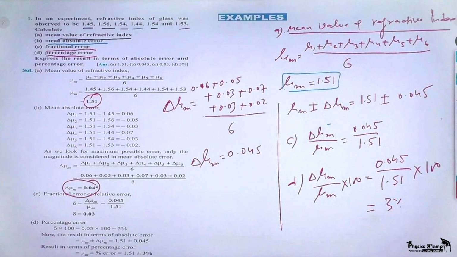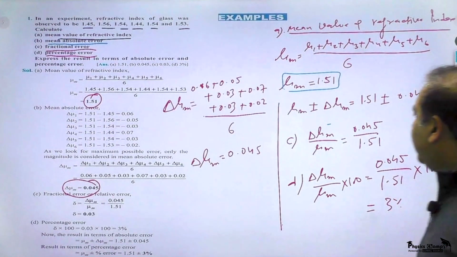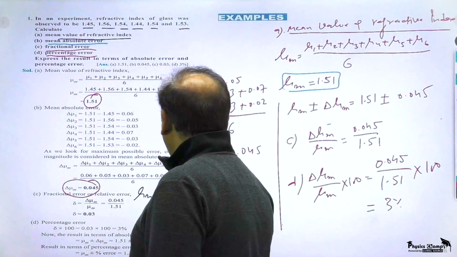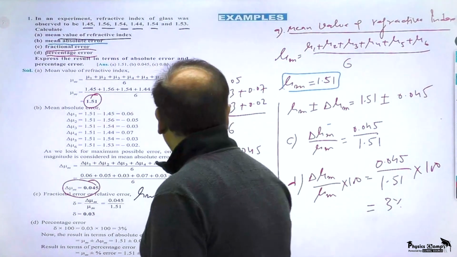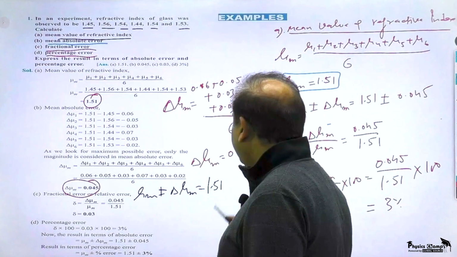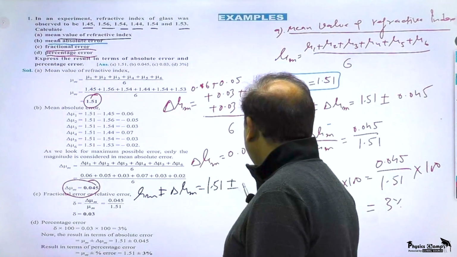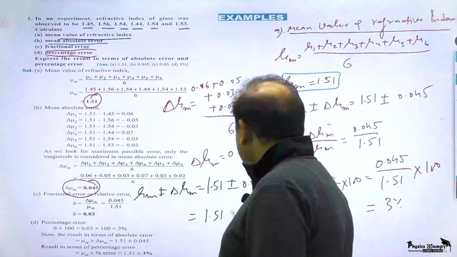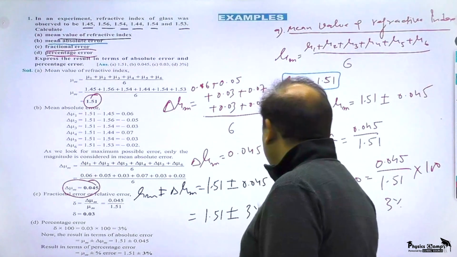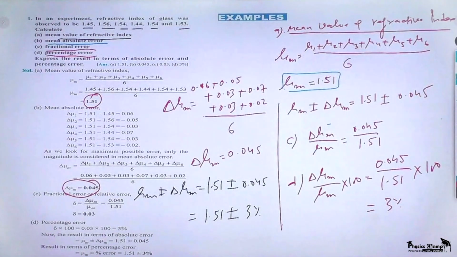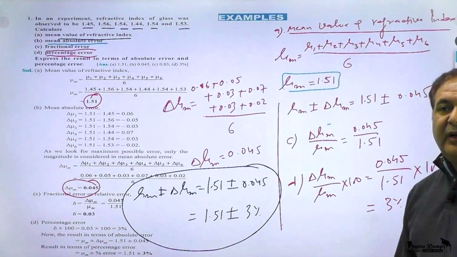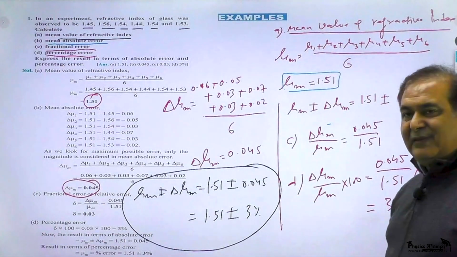So the result of refractive index can be written as 1.51 plus minus 0.045 or 1.51 plus minus 3%. So anyway we can express our result of the calculation of refractive index.